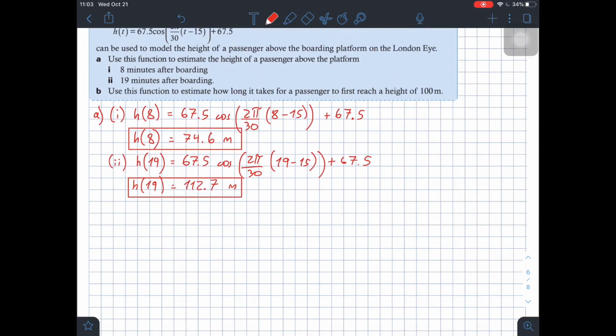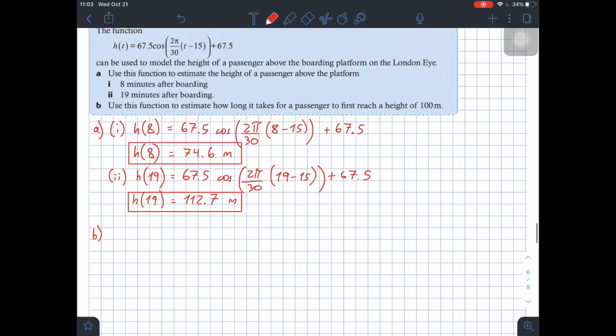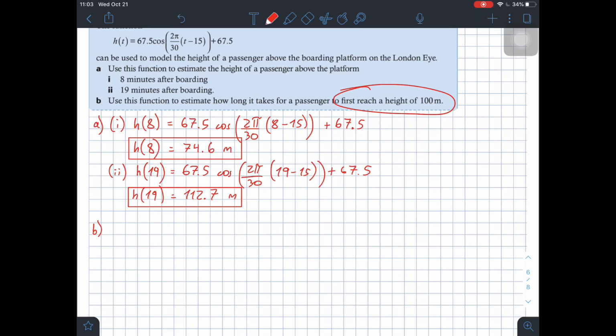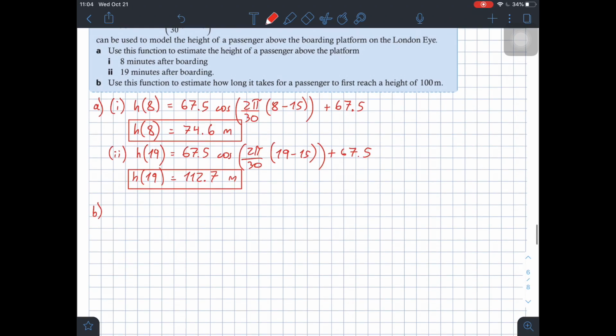Finally, for part B, it says use this function to estimate how long it takes for the passenger to first reach a height of 100 meters. Okay, so this kind of follows the same concept of what we just saw before. We want to find the first time it reaches 100 meters.